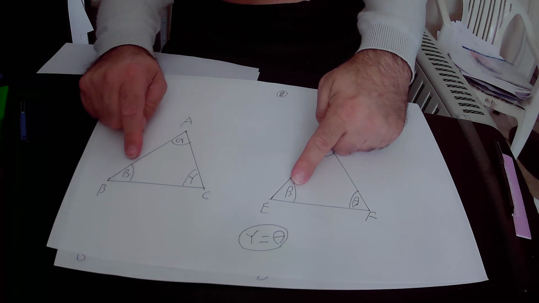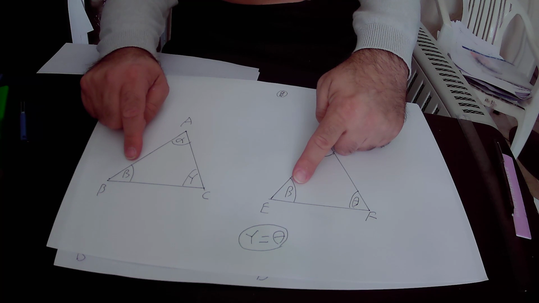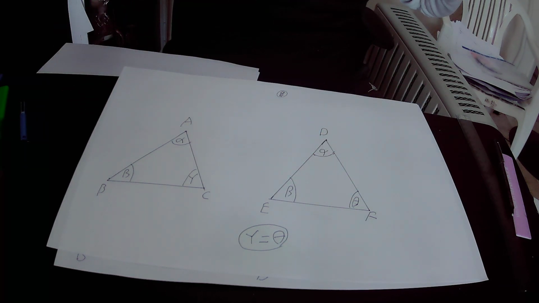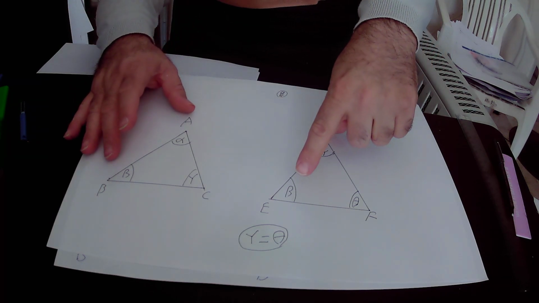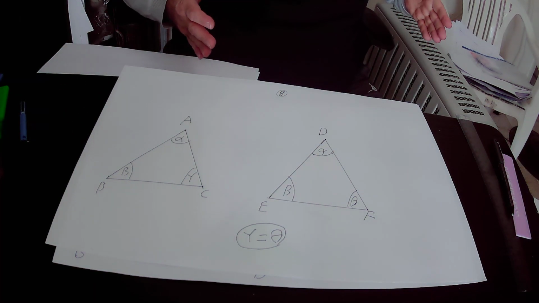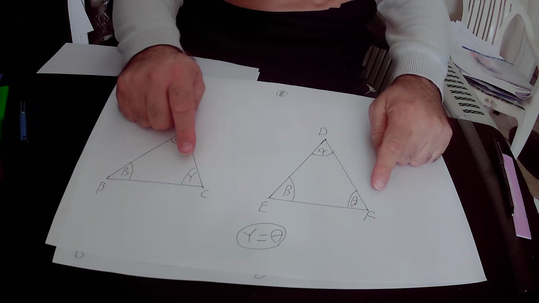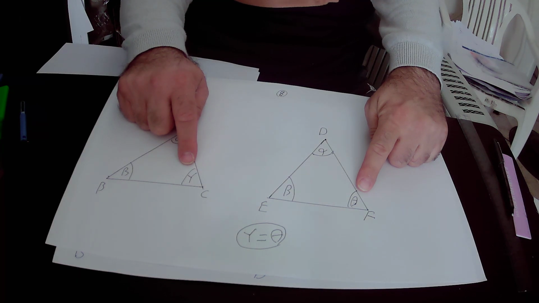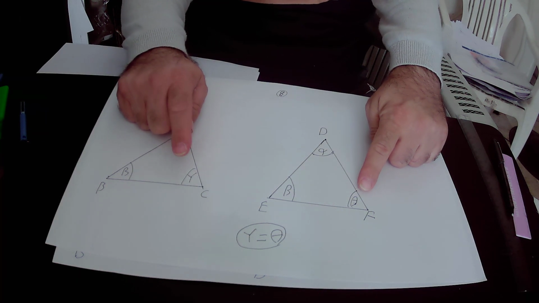And this is the second pair of angles, they are both equal to beta. So we have in those two triangles two pairs of congruent angles. If this is the situation, then the third pair of angles must also be congruent to each other. That is to say, angle gamma equals angle theta.